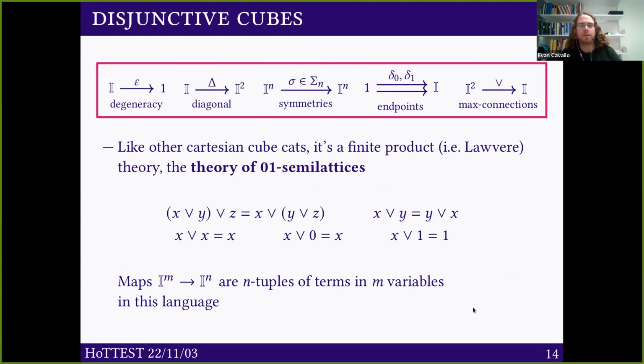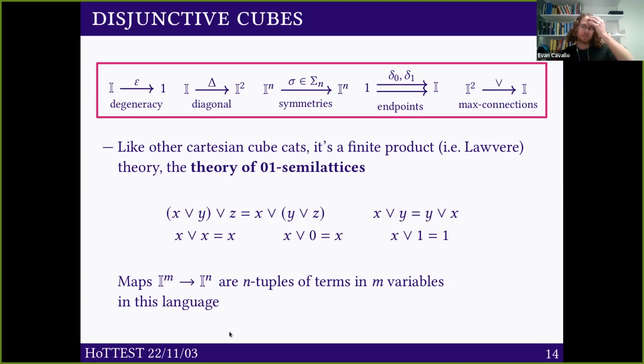And so like other Cartesian cube categories, it's a Lawvere theory, which is just to say that it's a finite product category where the objects are all products of some specific one, here the interval. And therefore we can think of the maps in this category as terms in some theory. And it happens that we have a nice description of the theory here. So it's the theory of bounded semilattices, bounded both below and above. There's the theory.